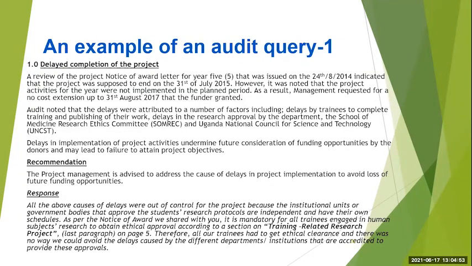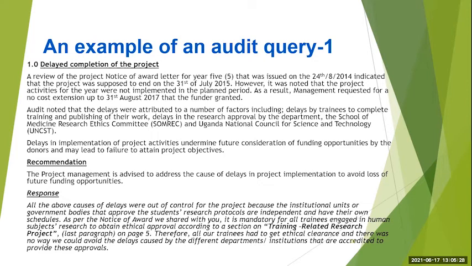When you get such queries, even if you were the audit contact person, you need to go back to your team. Some of them you can answer, but where you need input from your colleagues, it's really important that you discuss with them. Our response was that all the above causes of delays were out of control for the project because the institutional units or government bodies that approve the students' research protocols are independent and have their own schedules.